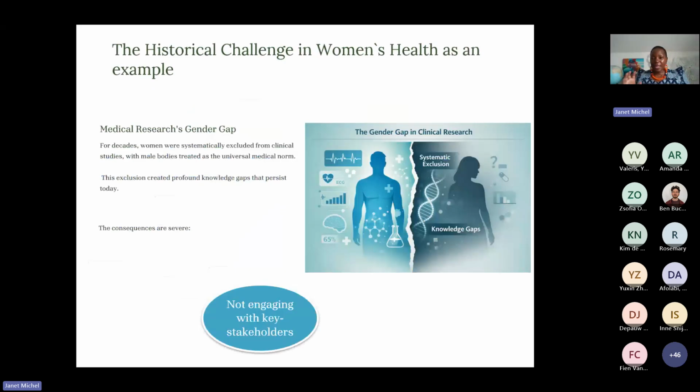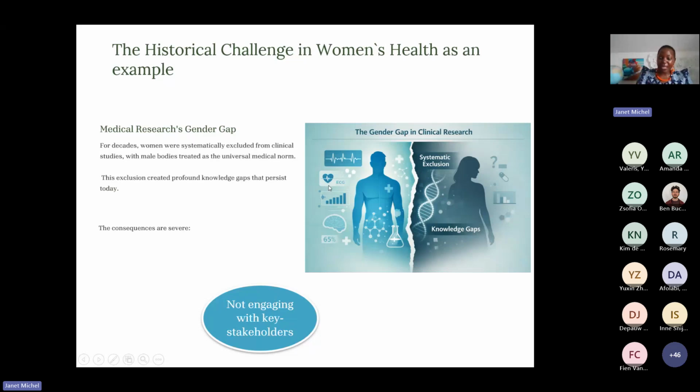Looking at, for example, women's health, an area that I'm currently working on. Again, we are saying women's health is neglected, it's under-researched. And the reason is, for a long time, men have been the default body, or in clinical trials, women have been systematically excluded.